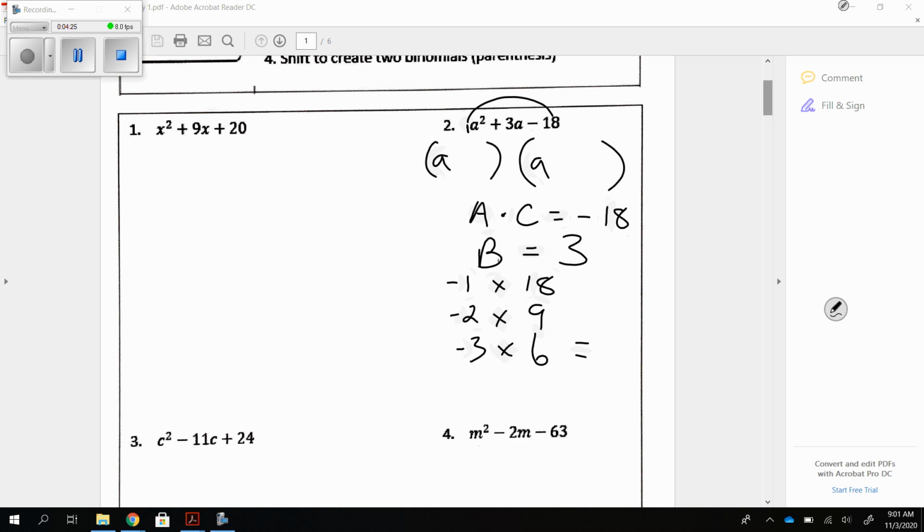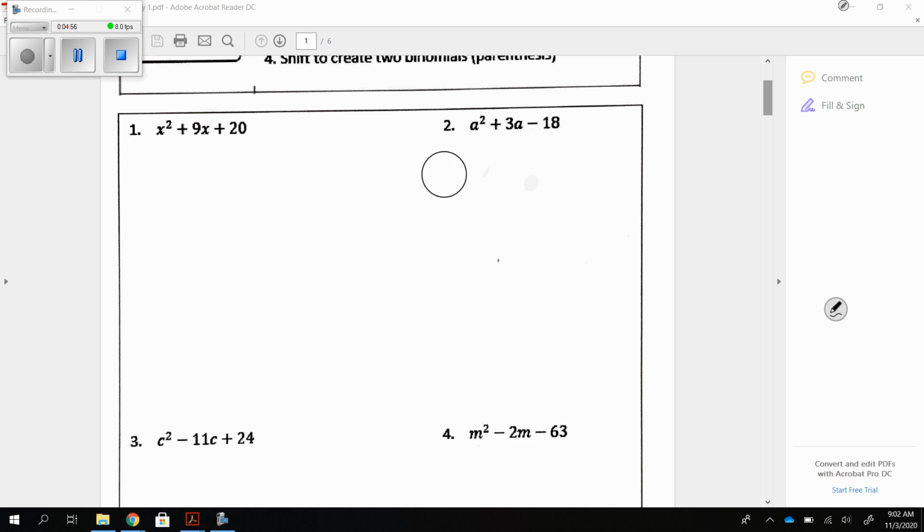Negative 3 times 6 is negative 18, but then also negative 3 plus 6 is a positive 3, and that's exactly what we want. So the integers that we need are going to be negative 3 and 6. So a minus 3 and a plus 6. All right, and we're done. Now we move on.